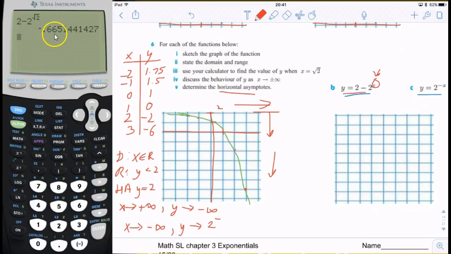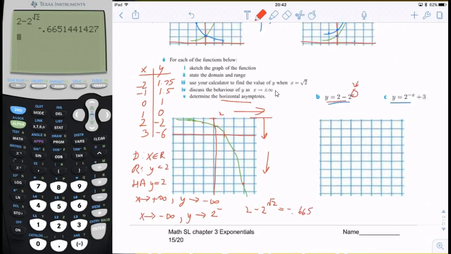So the value is negative 0.665. And I'll say here, 2 minus 2 to the square root of 2 is equal to negative 0.665. I'm not sure why they asked us that. It's very off the wall.